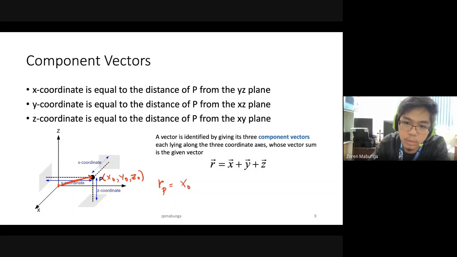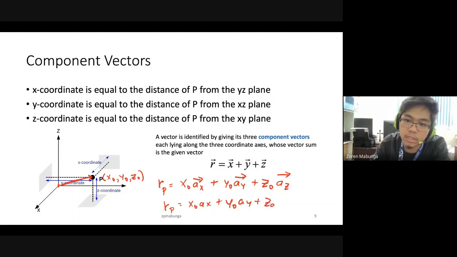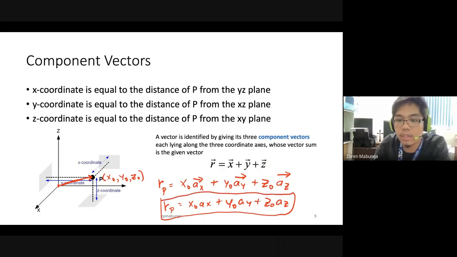So x0 multiplied by ax, plus y0 ay, plus z0 az. Or pwede rin tanggalin nyo na yung arrow doon. So pwedeng R sub P equals x0 ax plus y0 ay plus z0 az. Pwedeng yan yung pagsulat natin ng vector dito sa ECM03.